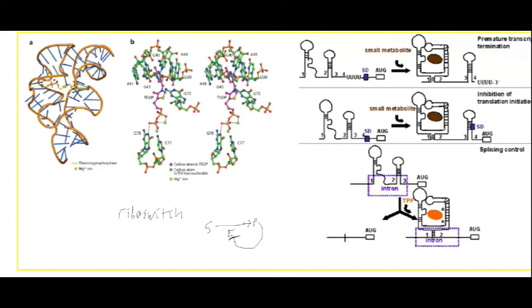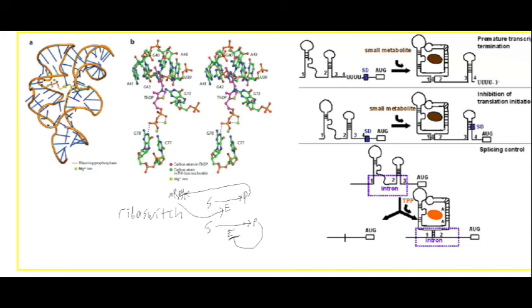into product. But with a riboswitch, we have this same sort of setup here with our enzyme and our product, but instead of the product inhibiting the enzyme, it's actually going further back and inhibiting the mRNA that codes for the enzyme.